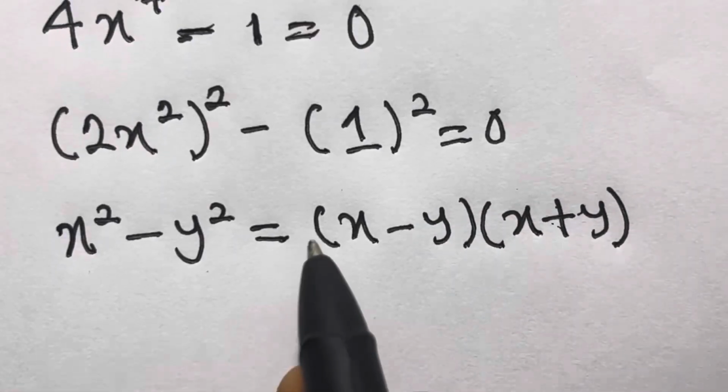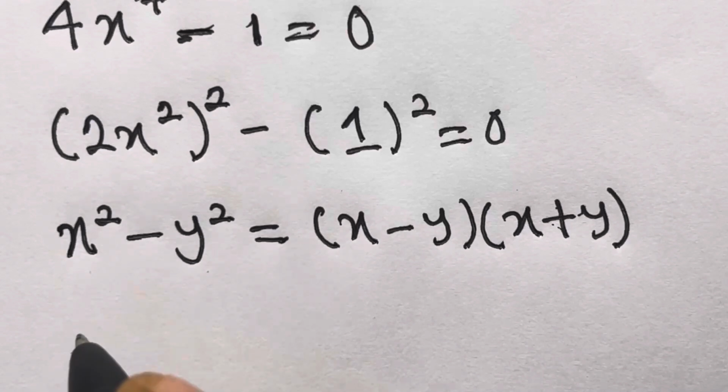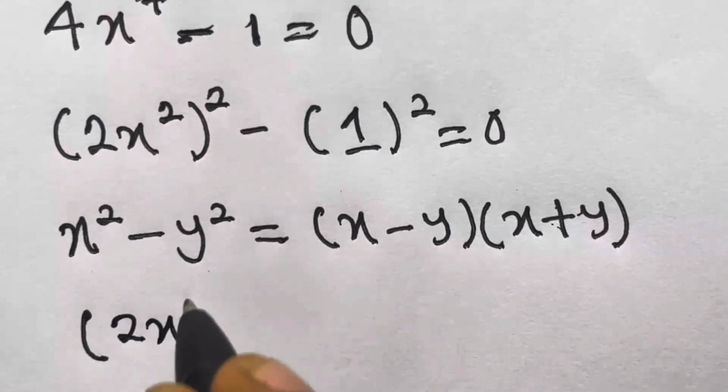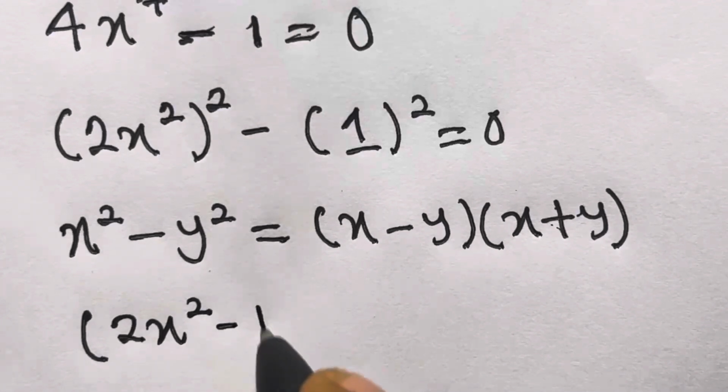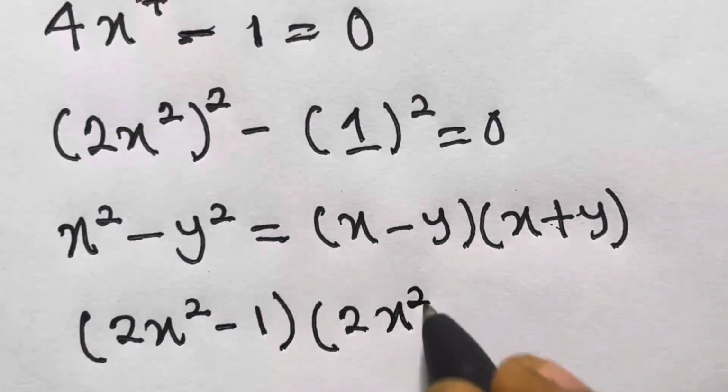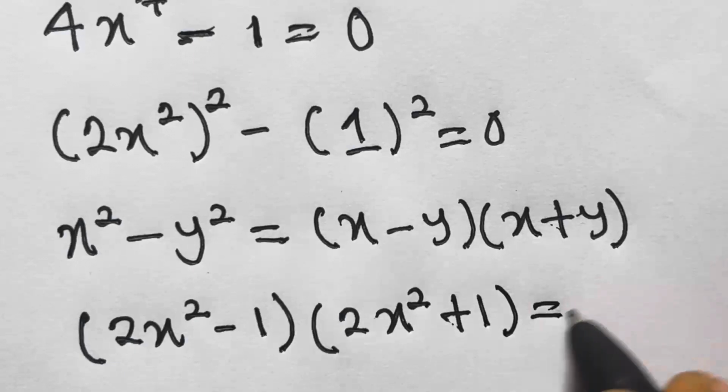So applying this, we will have (2x squared minus 1)(2x squared plus 1) equals 0.